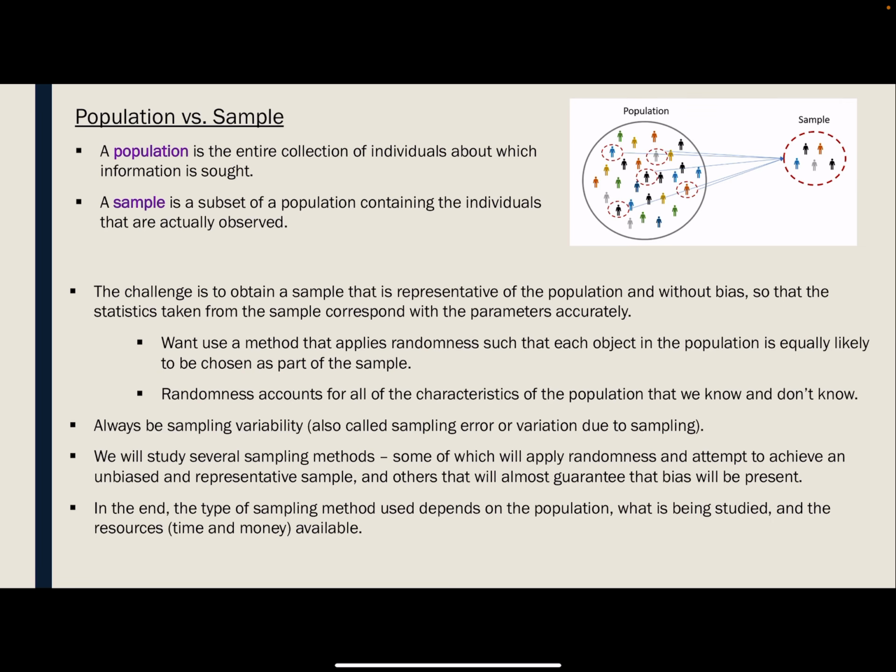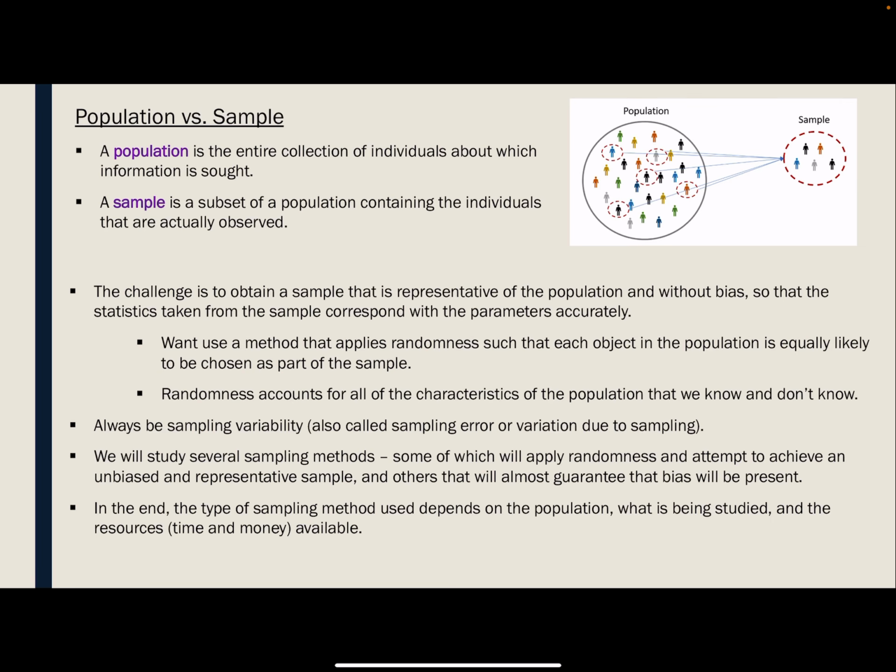So you could have 10 perfect samples that are perfectly representative of the population, and you could calculate statistics on those samples, and they might be slightly different. And they might also be slightly different from the overall population. And it doesn't mean that there's anything wrong. It just means that we have this natural sampling variability.